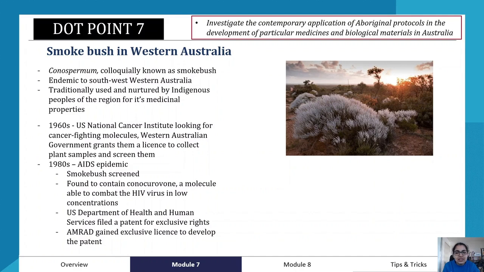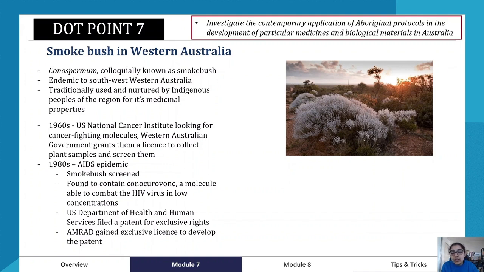In the 1960s, the US National Cancer Institute was looking for cancer-fighting molecules, and the Western Australia government granted them a license to collect samples of the plant. And in the 1980s, during the AIDS epidemic, smoke bush was screened, and they found that it contained some molecules that helped combat the HIV virus.